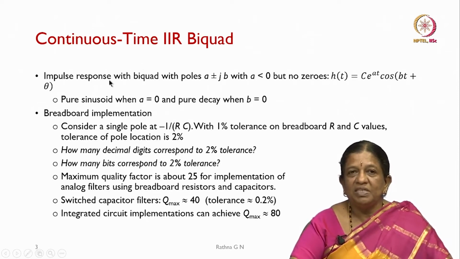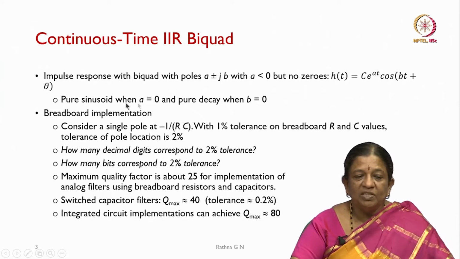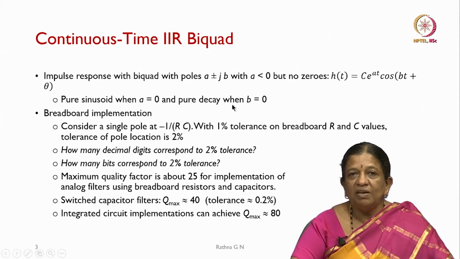We know the impulse response of a biquad with poles at sigma plus or minus jB, with sigma, or A, less than 0, but no zeros, is given in the analog domain as h of t equal to C e to the power minus sigma t cos(bt plus theta). It is a pure sinusoid when A is equal to 0 and a pure decay when B becomes 0.